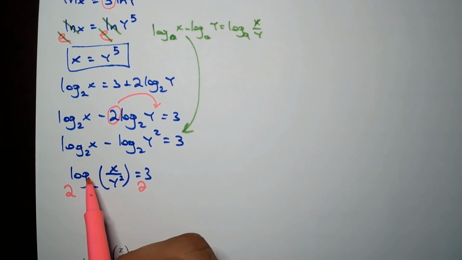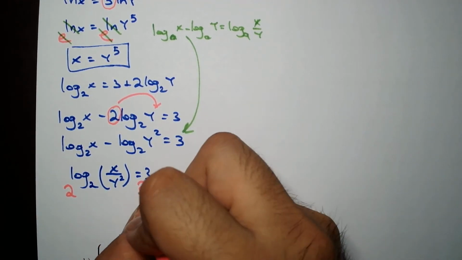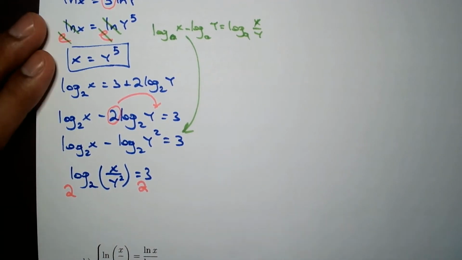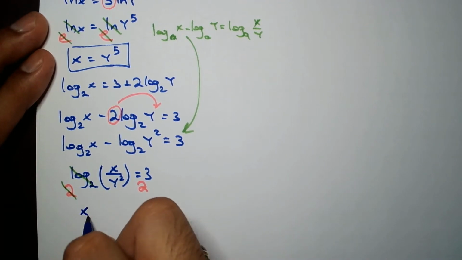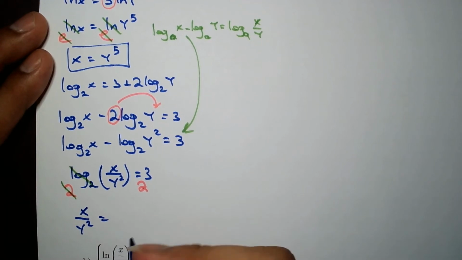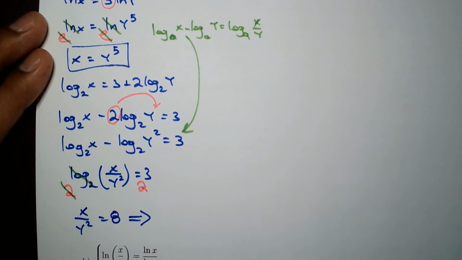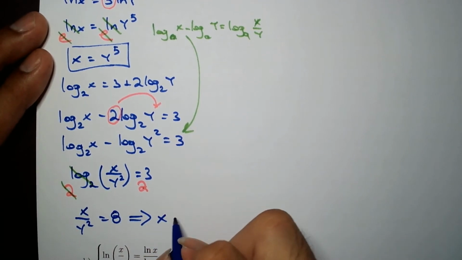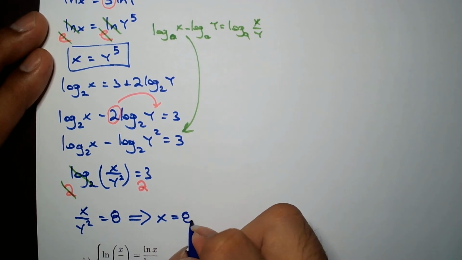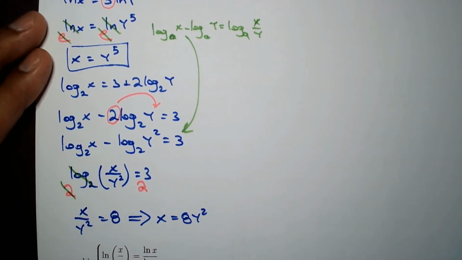In this case we have log base 2, so we need to exponentiate on the same base as the base of the logarithmic function. So goodbye logs, and x over y squared equals the third power, which is 8. And last but not least, at least for this step, I can get x by itself: multiply both sides by y squared, or cross multiply, x equals 8y squared. All right.